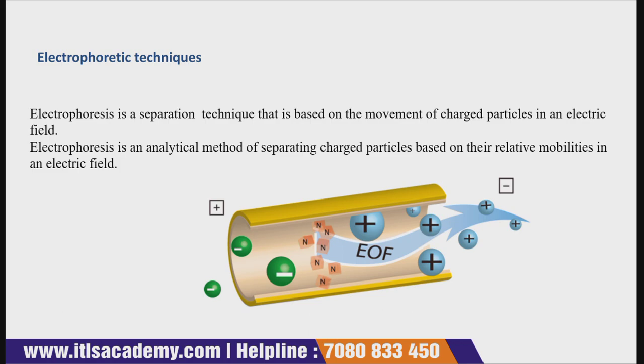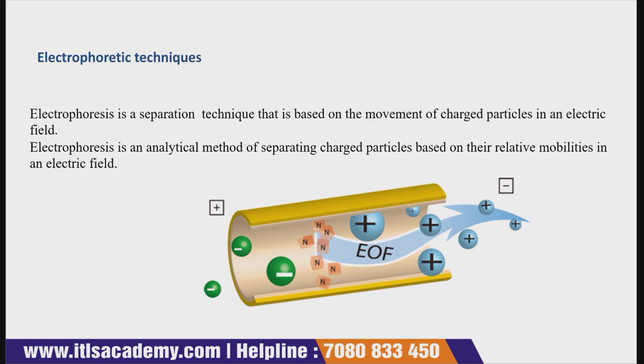And electrophoresis is an analytical method of separating charged particles based on their relative mobilities in an electric field, meaning how they are moving in an electric field. Depending upon their relative mobilities, their separation takes place. So it is an analytical method. As you can see in this image, here is a plus sign and here is a negative sign.